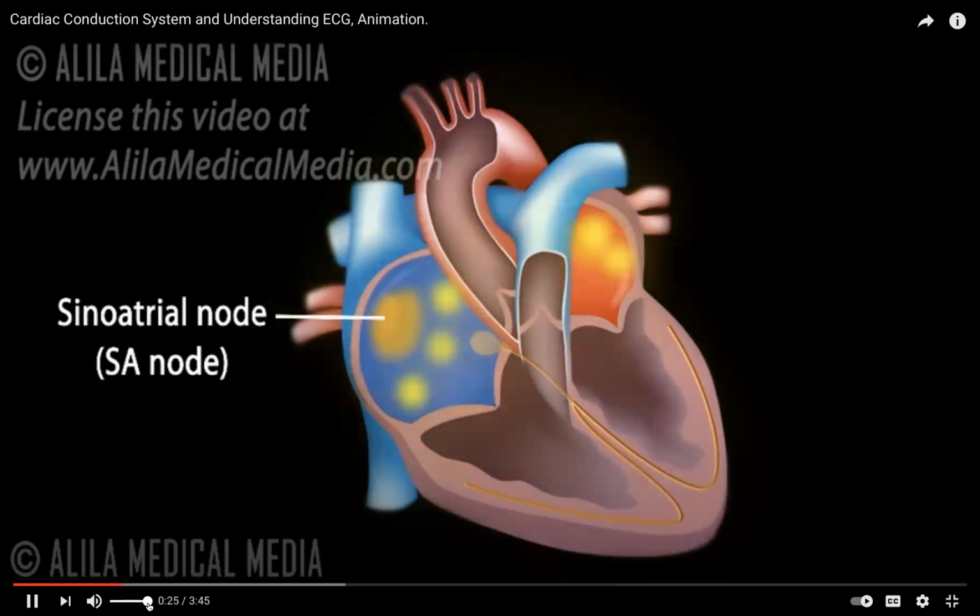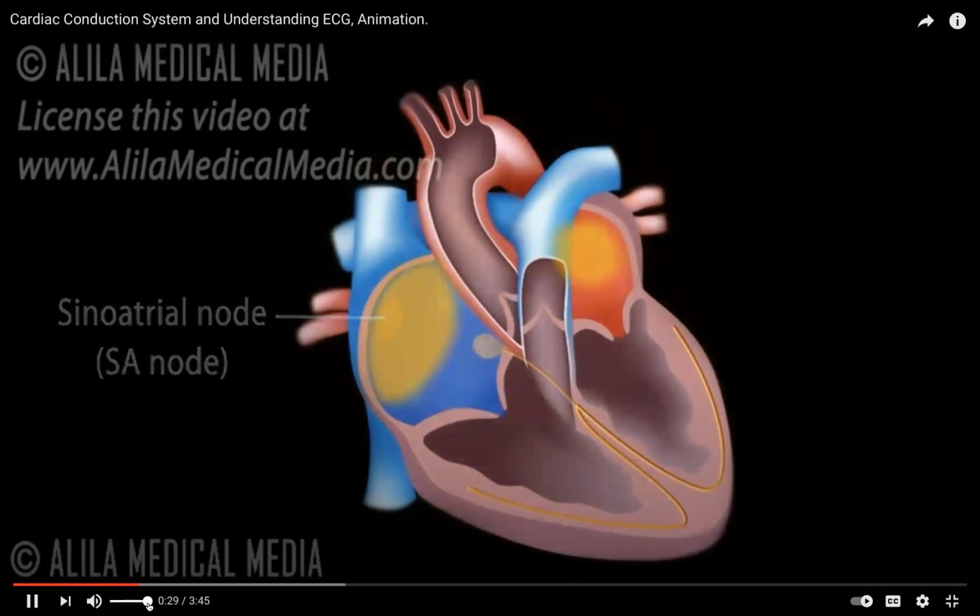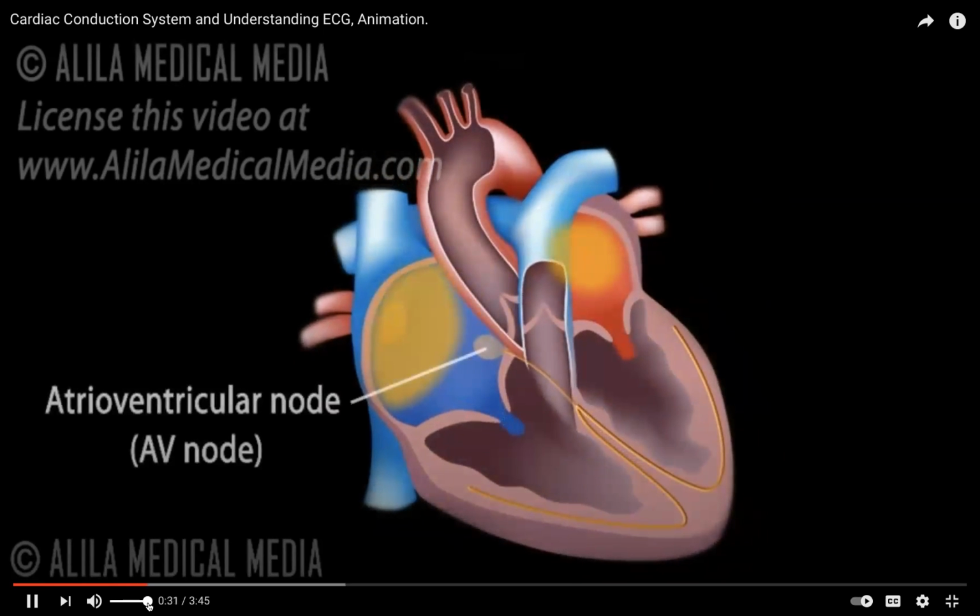Electrical impulses from the SA node spread throughout both atria and stimulate them to contract. The Atrioventricular Node, or AV node, located on the other side of the right atrium near the AV valve. The AV node serves as electrical gateway to the ventricles. It delays the passage of electrical impulses to the ventricles.